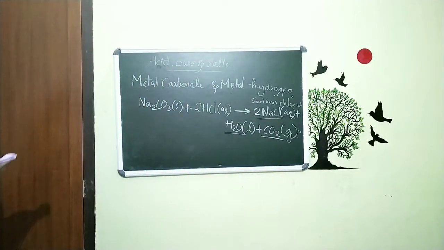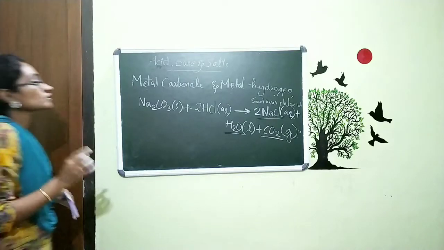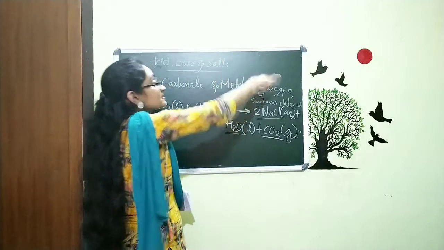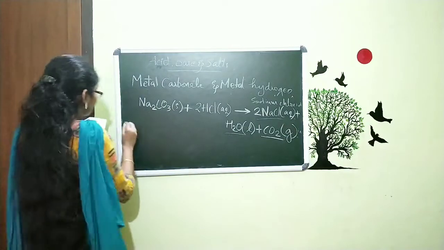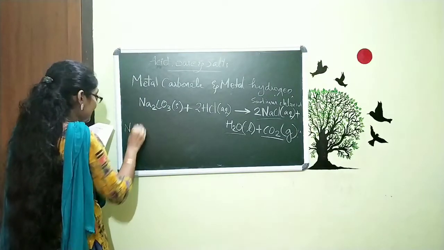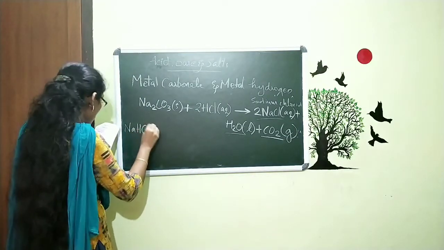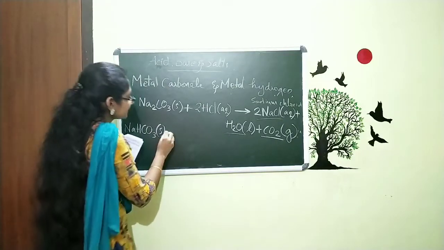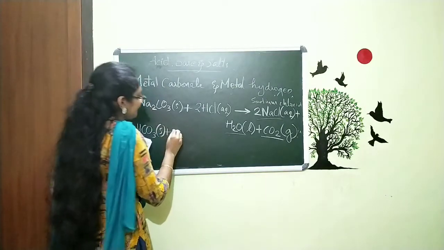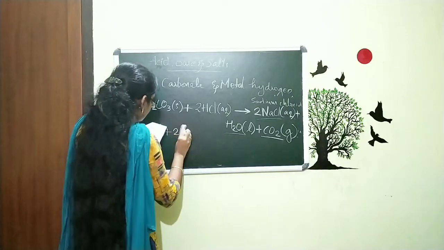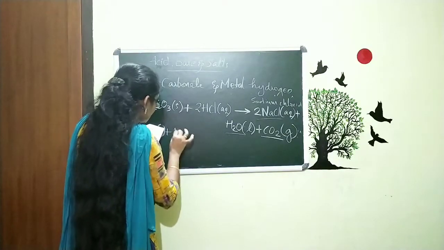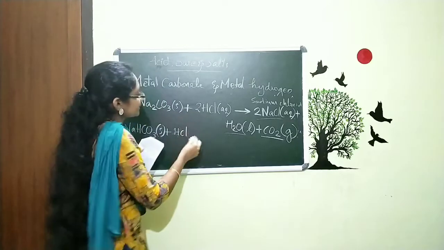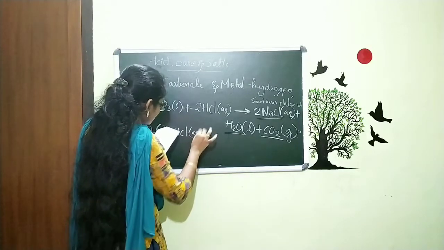Now we want to check the equation for the metal hydrogen carbonate, that is NaHCO3, which is in solid state, reacting with hydrochloric acid, which is in aqueous form.